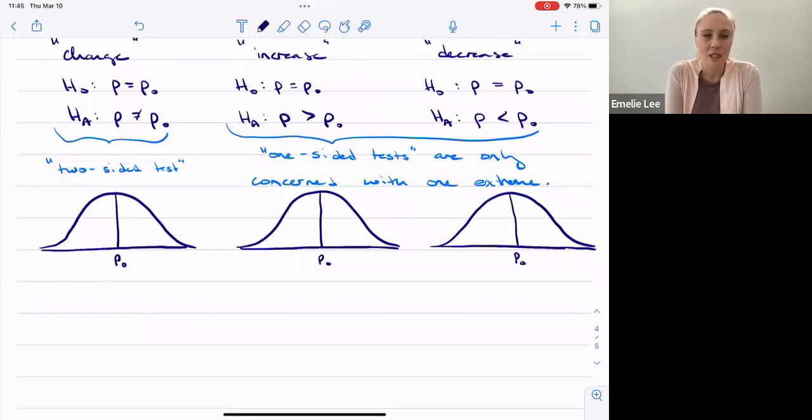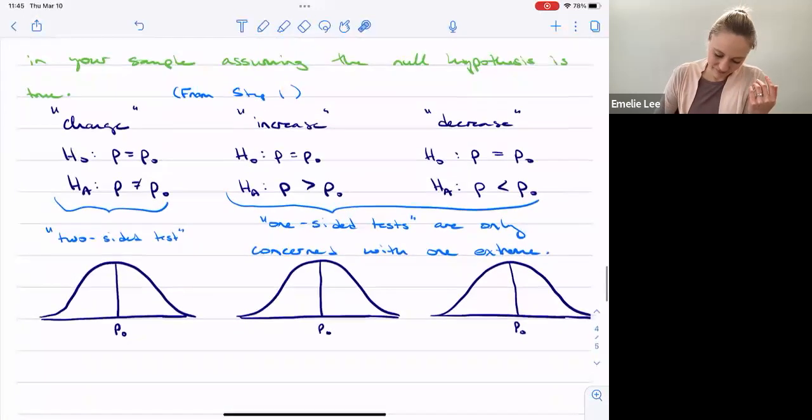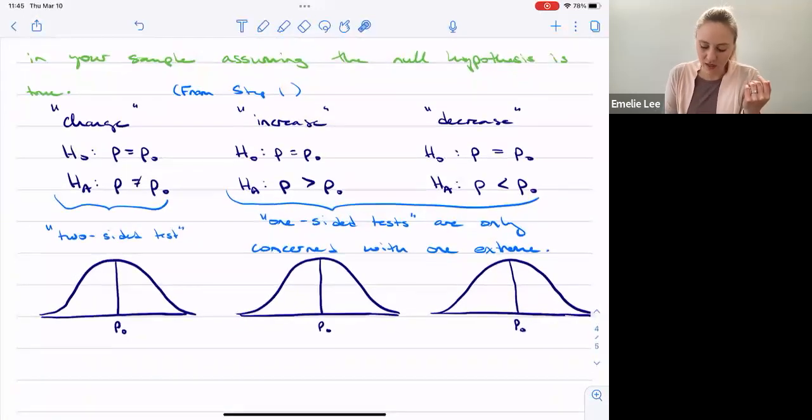Now, the two-sided test, the not equal to, is potentially the hardest one, so I'm going to start and work my way from right to left, and that'll help us get there. If I want to know if P, the population proportion where my sample is from, is less than P0, then of course my sample proportion has to be less than P0.